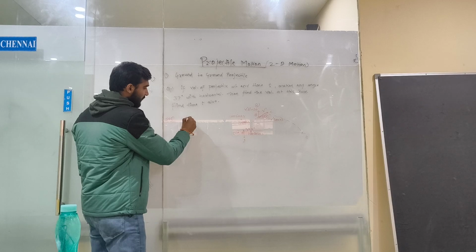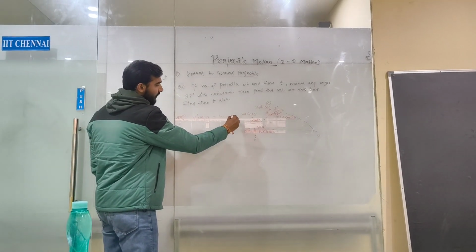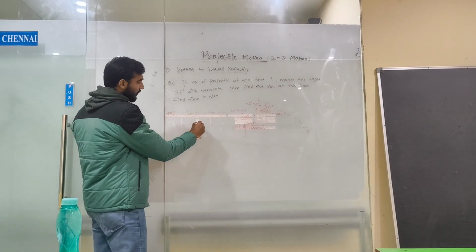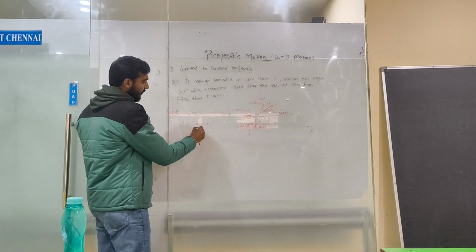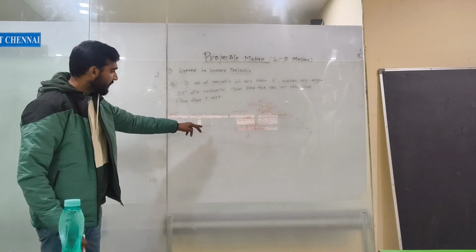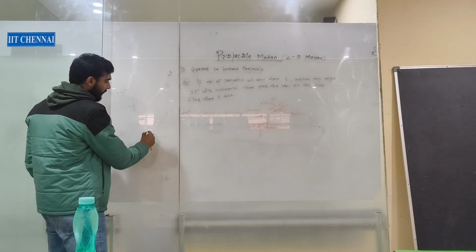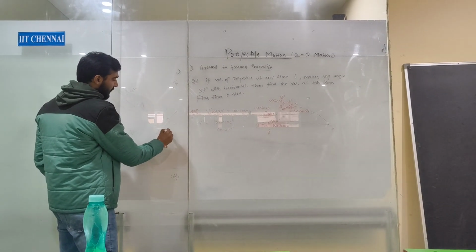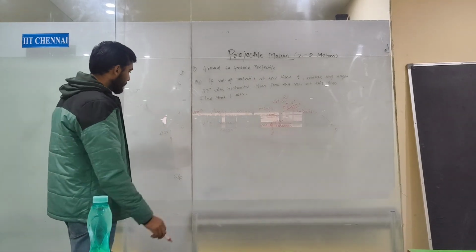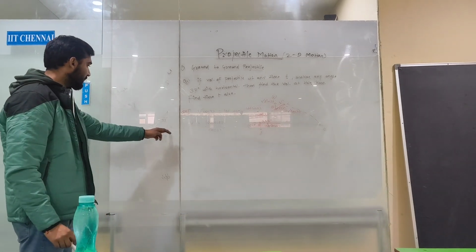Yes or no? v dash cos 37 is equal to 100 cos 53. We can easily find v dash as 100 cos 53 upon cos 37. Yes or no? And put the values of cos 53 and cos 37. I have told you many times to find them: the triangle is like this, 37, 3, 4, 5. This is 53. So cos 53 will be 3 by 5.